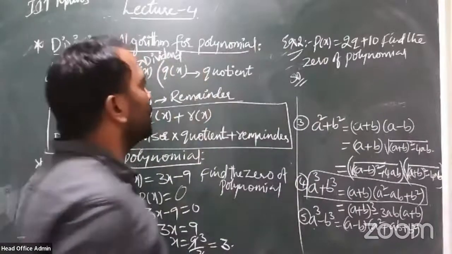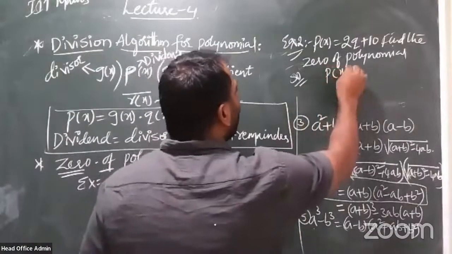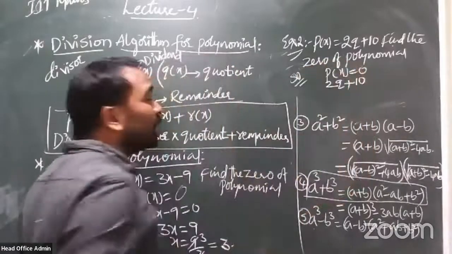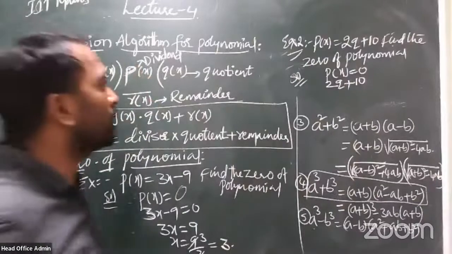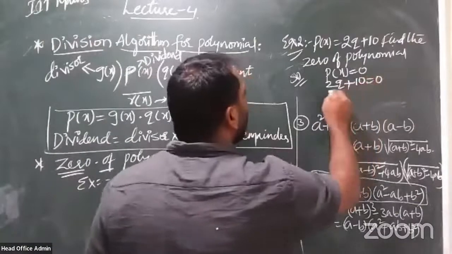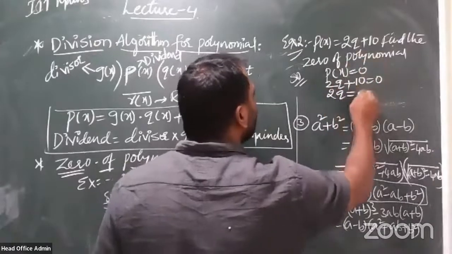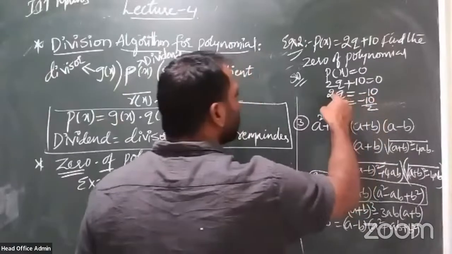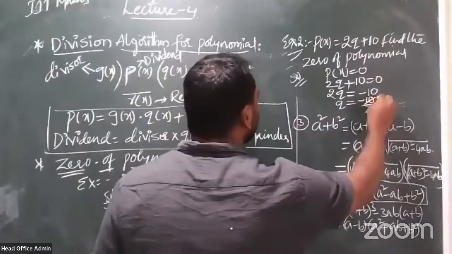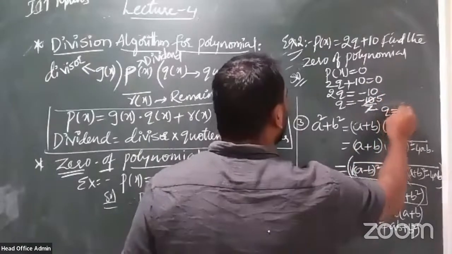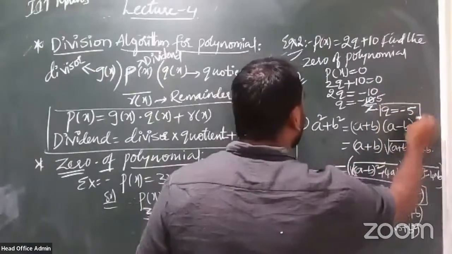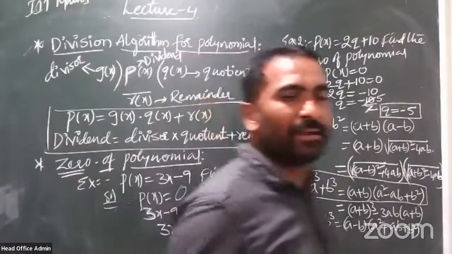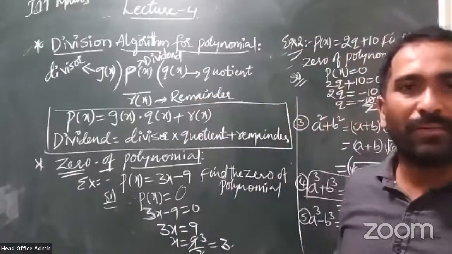Equate it to 0: 2q plus 10 equals 0. Here the unknown is q. So 2q equals minus 10, q equals minus 10 by 2, which is minus 5. In every problem, finding the zero of a polynomial means finding one variable value.